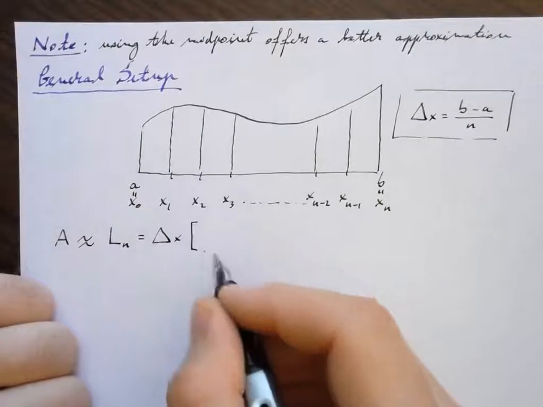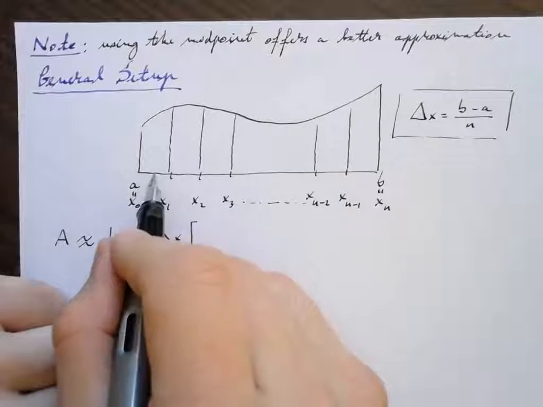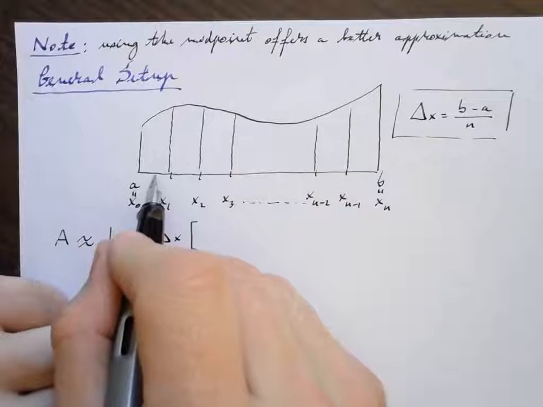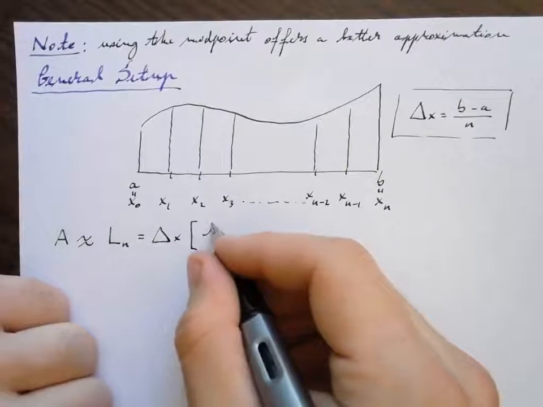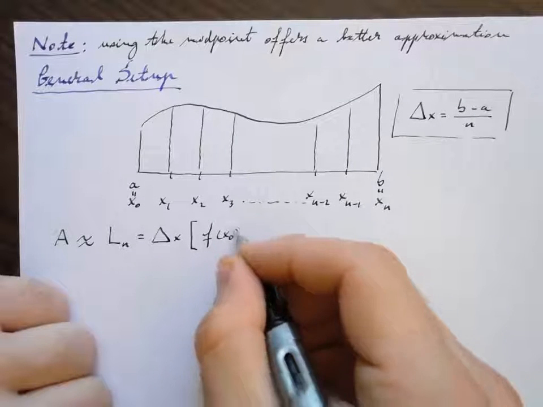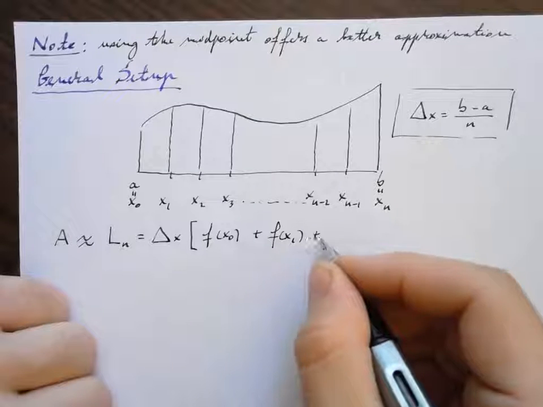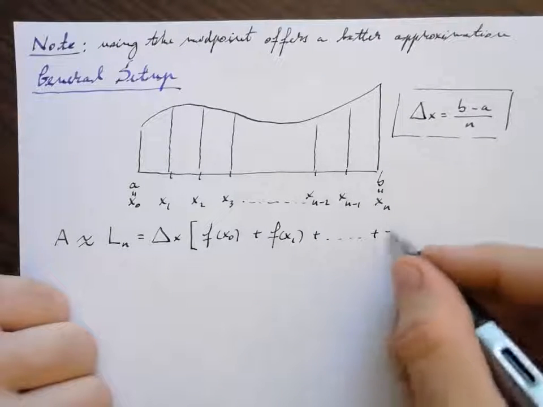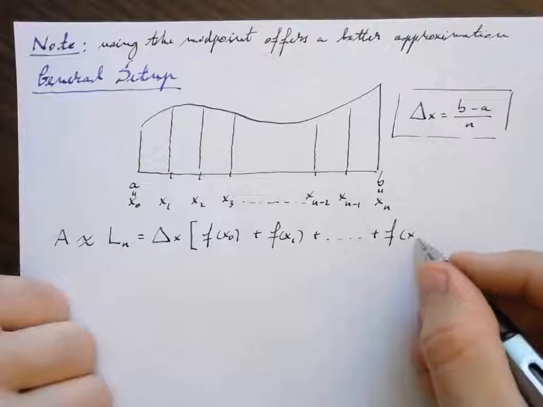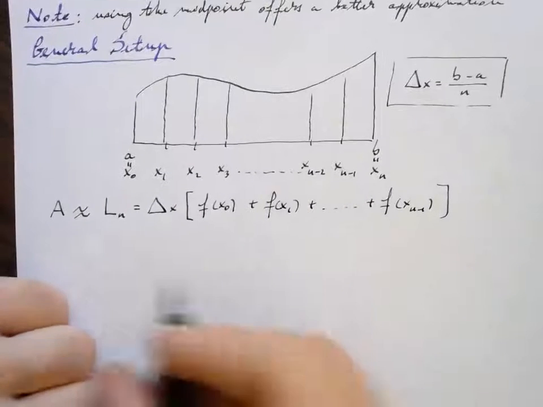So I have delta x, and then for left rectangles I'm going to do the left endpoints. So if I do the first rectangle, it's f of x0, then I have f of x1 all the way to the last rectangle, which uses f of x sub n minus 1. So that's the left approximation.